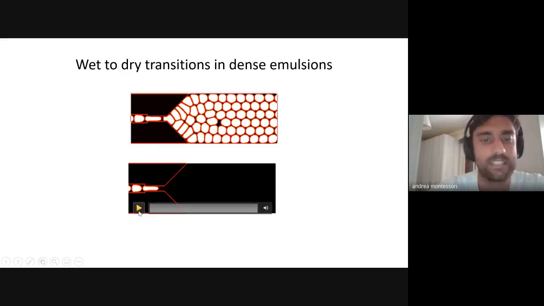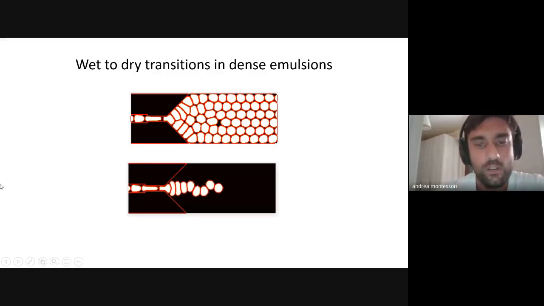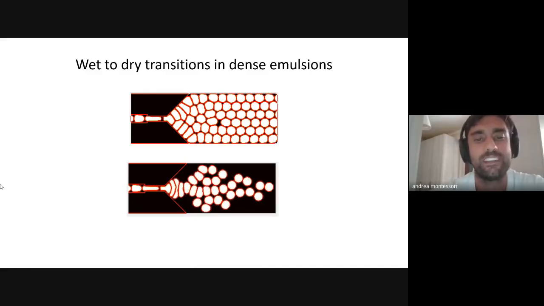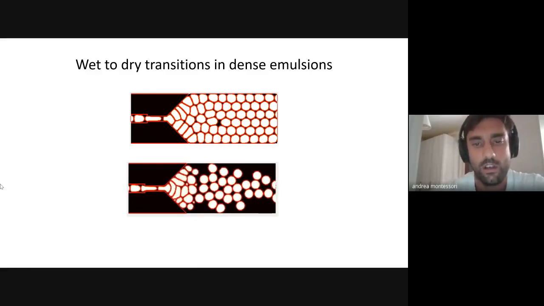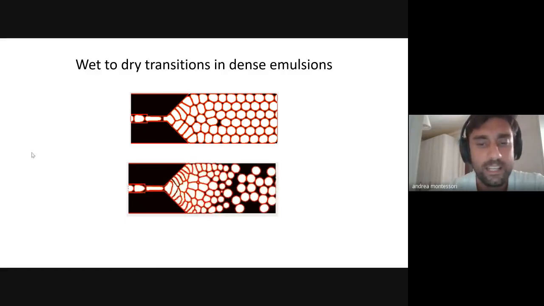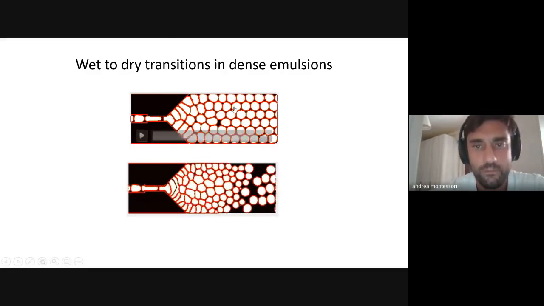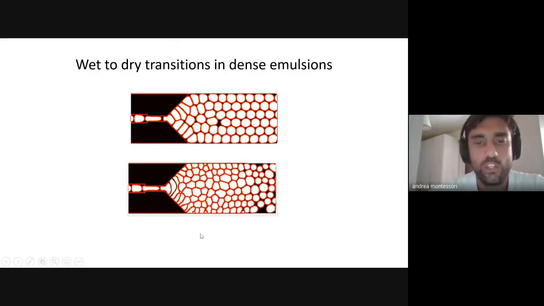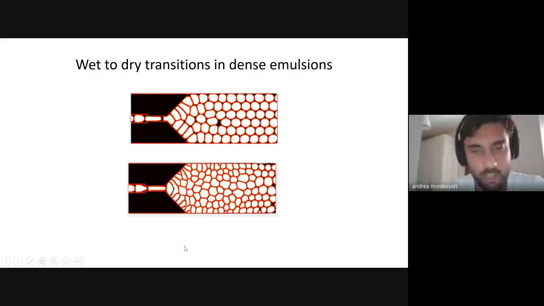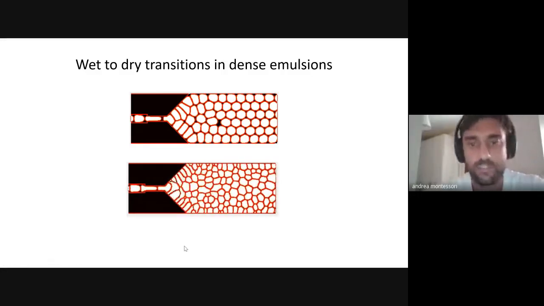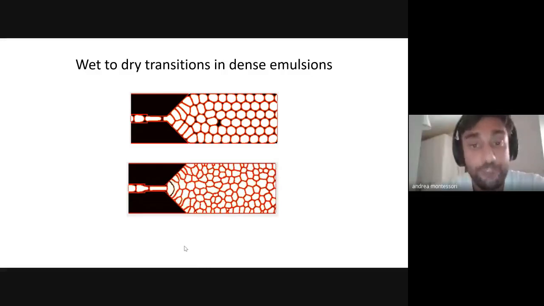But if you increase the capillary number, after having fixed the geometry, you can observe a transition. As you can see here, you're losing the very nice hexagonal pattern, and what you have is the formation of a more complex, not ordered, foam-like structure.